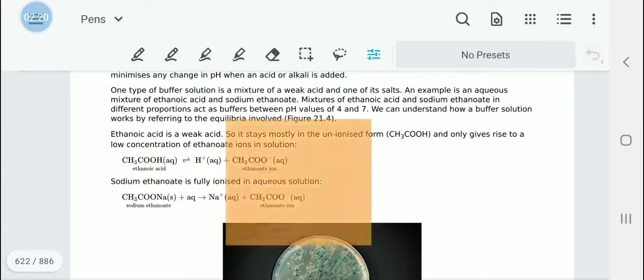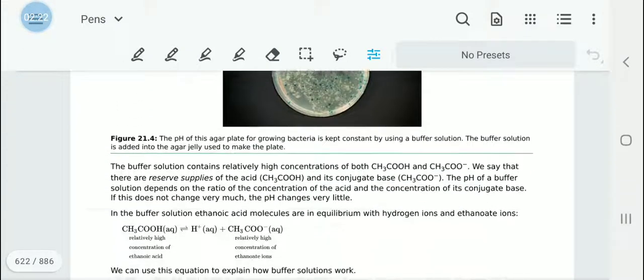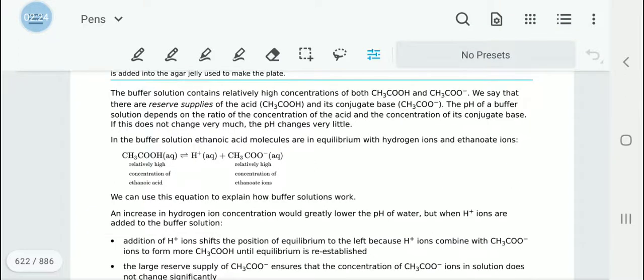So we say that there is a reserve of ethanoate ions. There is a reserve supply of the acid, because most of the acid is not dissociated since it is a weak acid, and there is a reserve supply of CH3COO minus because it is coming not only from the acid but also from the salt.